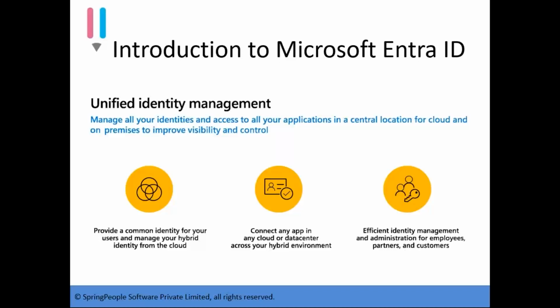So you have to integrate all your on-prem users with 365. Then these on-prem users become the hybrid users there. You can have seamless integration between both on-prem and the Microsoft 365 user or Entra ID.